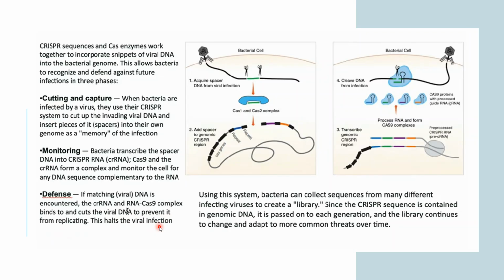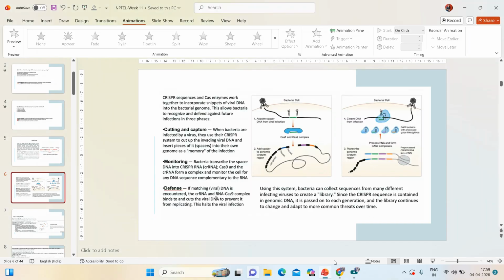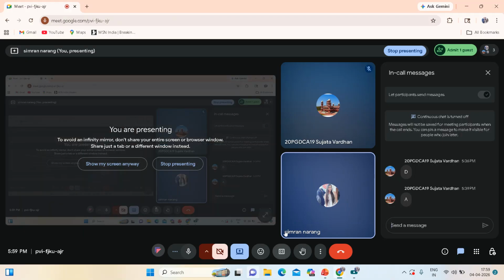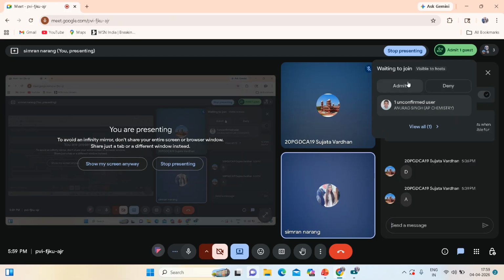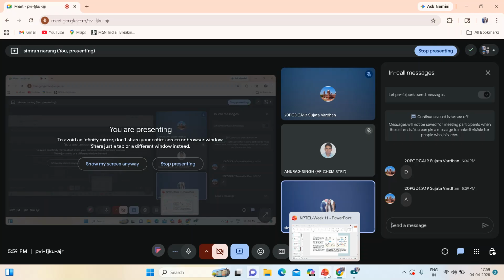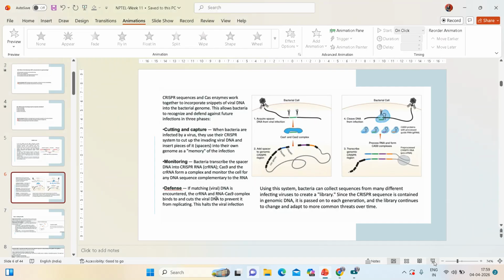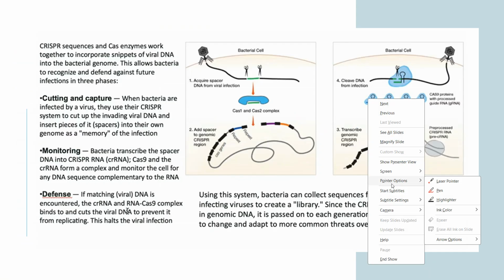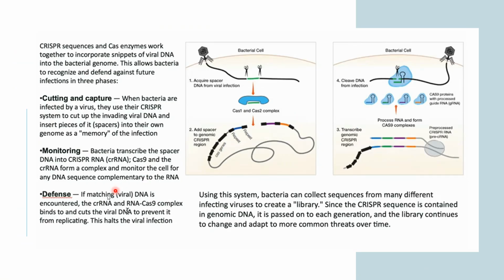So here what happens in the third step, the defense will happen.